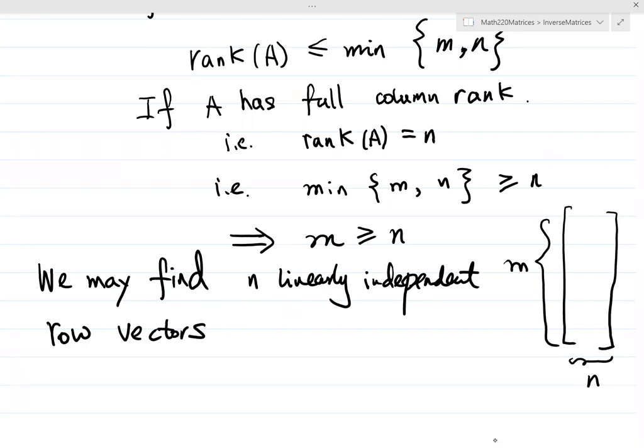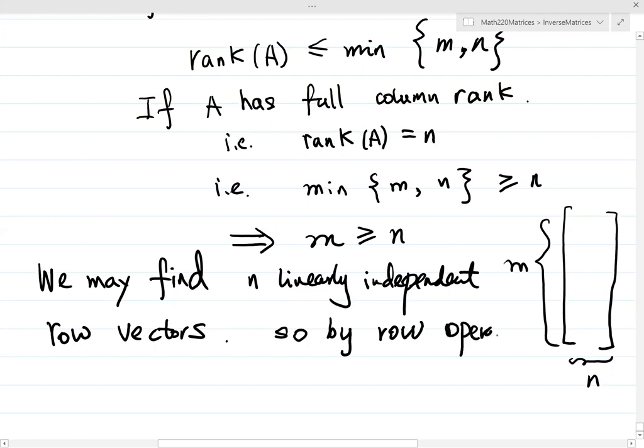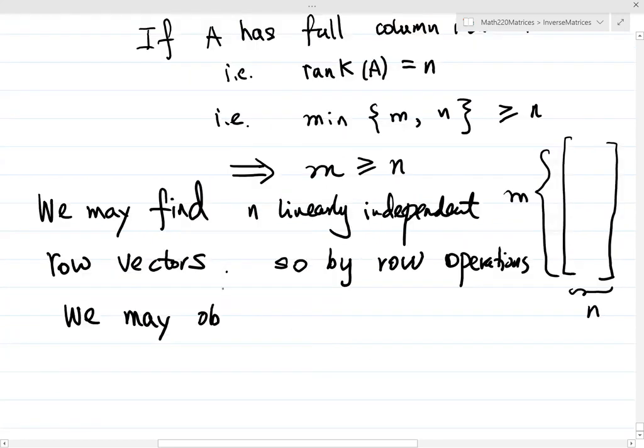So we can finally reduce A using row operations. We can transform A into this matrix. We may obtain this form.